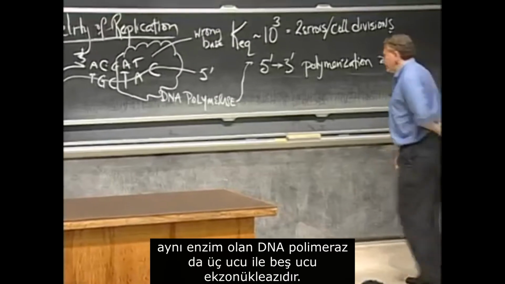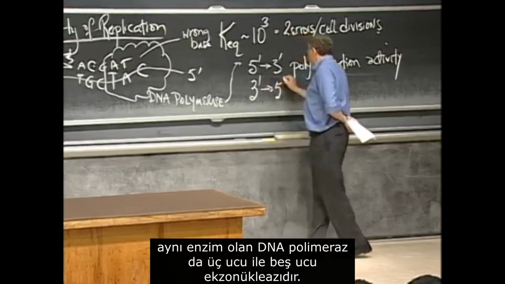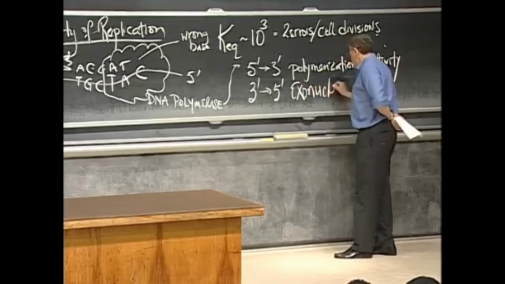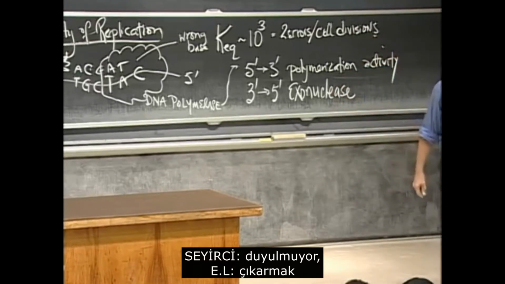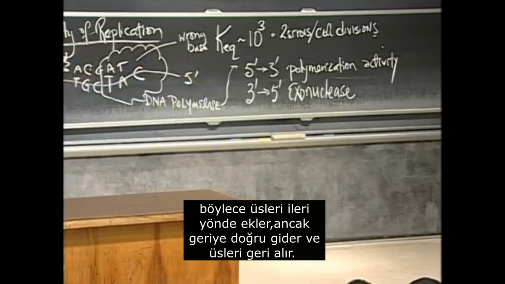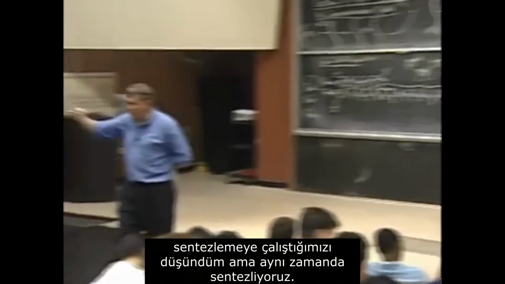That same enzyme, DNA polymerase, is also a 3 prime to 5 prime exonuclease. What do you think an exonuclease is? Takes stuff out. So it adds bases in the forward direction, but it also goes backwards and takes bases out. Isn't that dumb? I thought we're trying to synthesize, but we're also unsynthesizing.